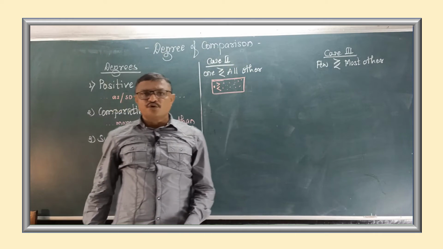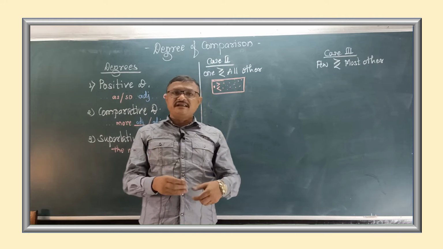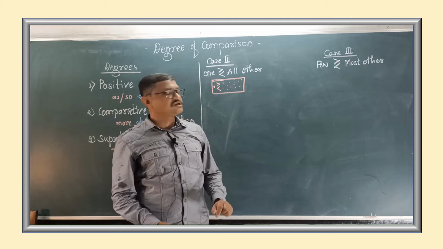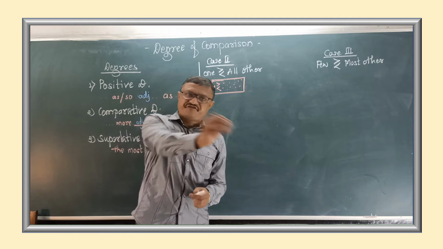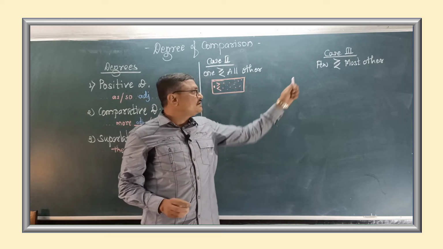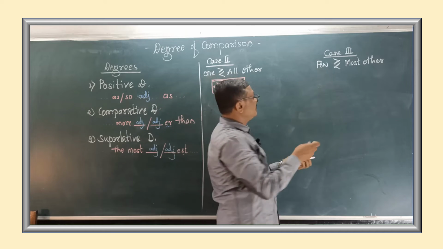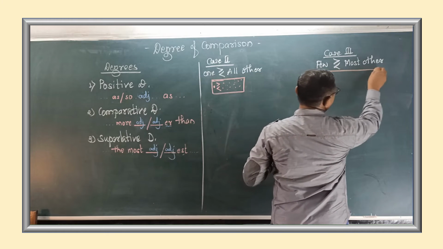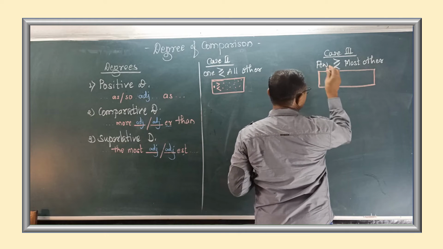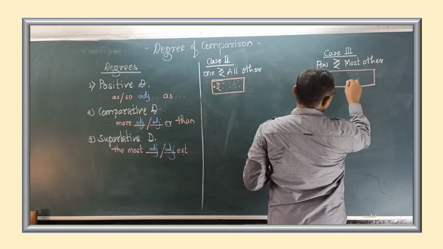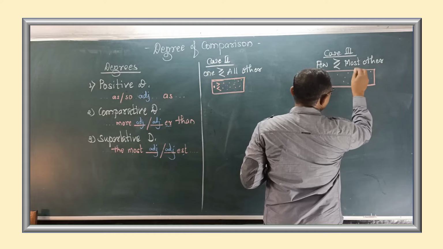What do you mean by most others? Most others doesn't mean everything. Most others means except a few. Here, these few objects are compared. The diagram will be like this. These diagrams will always help you to understand the nature of the sentence.